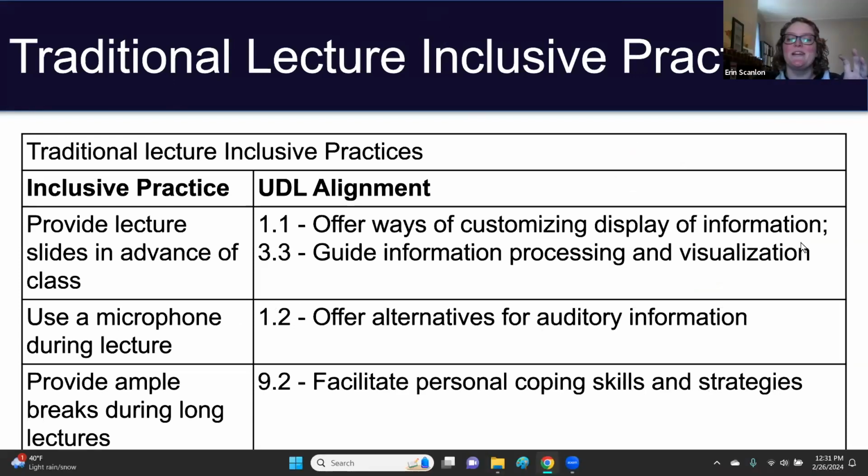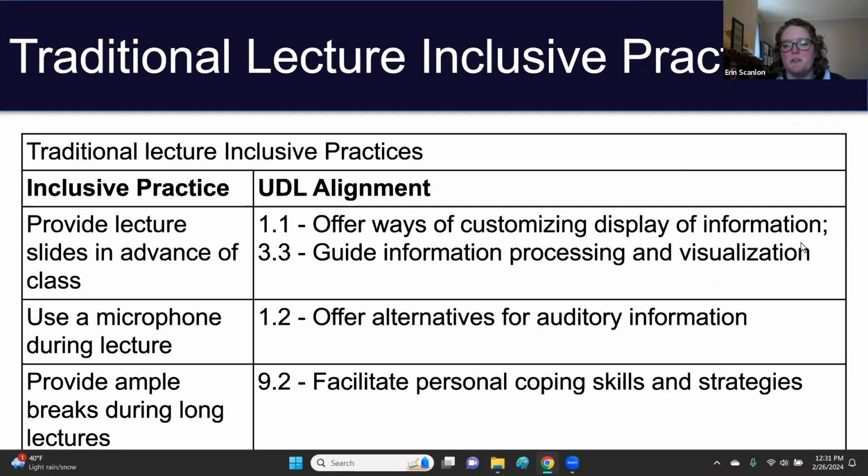So we can utilize this learner variation tool in order to identify, again, who we're privileging and who we're simultaneously taxing within our courses.